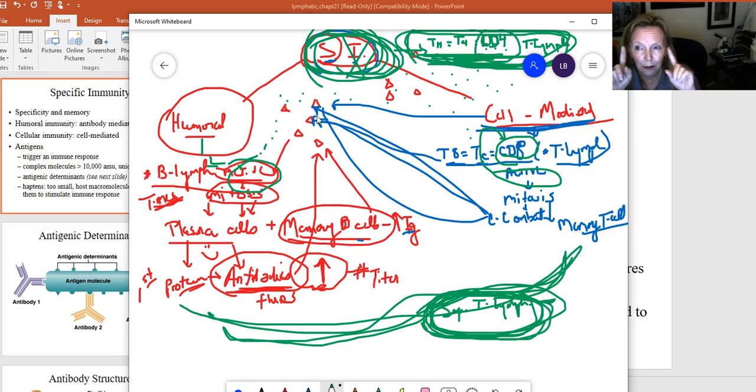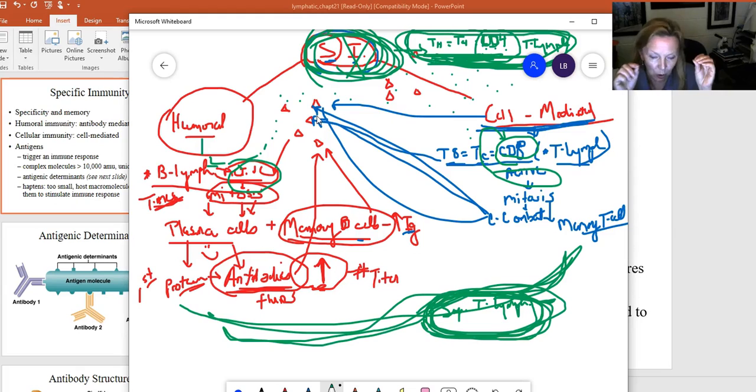You all have heard about antibody-antigen reactions before. You heard about naturally occurring antibodies, which are actually kind of rare, but you heard about naturally occurring antibodies that occur in response to ABO inherited blood antigens.